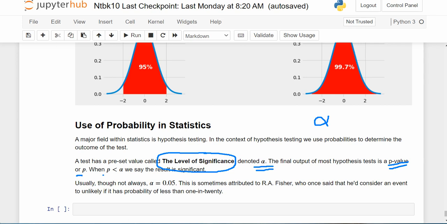And as long as p is less than alpha, we reject the null and say the result is significant. Let's say that Ron Fisher set alpha at 5%. He said, if there's less than a 5% chance that she was guessing at random, we're going to reject that idea.